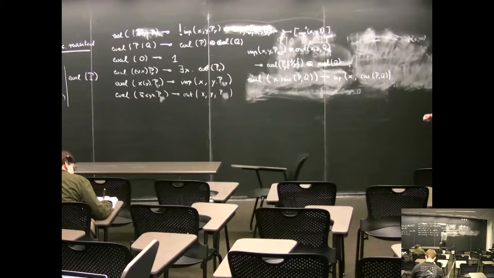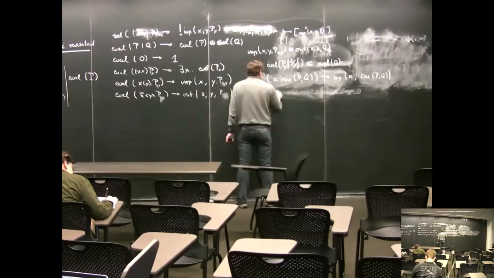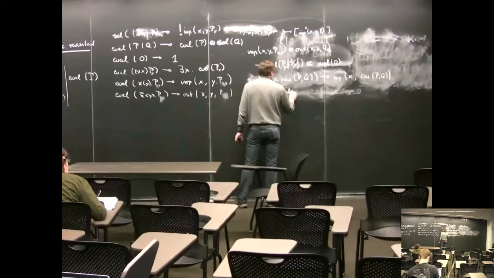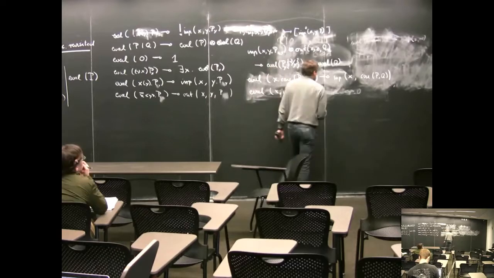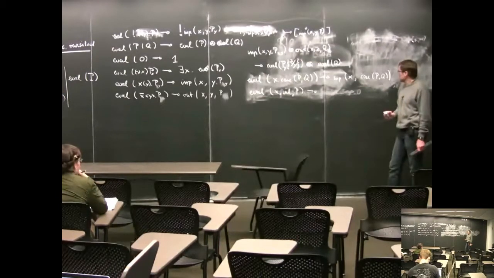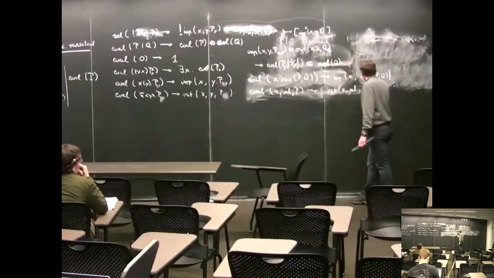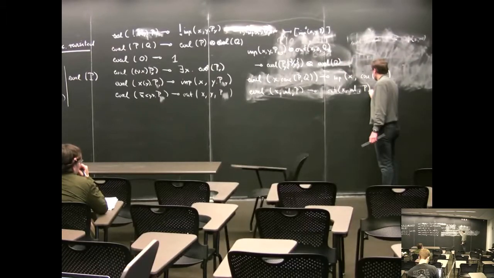So if we're actually sending x dot in left followed by P, what would that become? Well, it would do an output on x. What would we send? Well, let me just write it in left. And then we would continue with P.